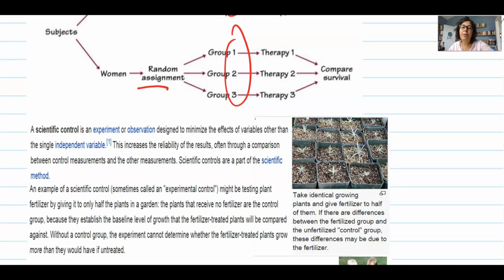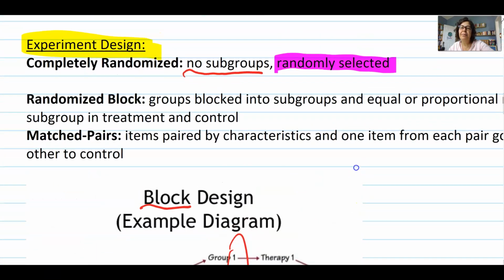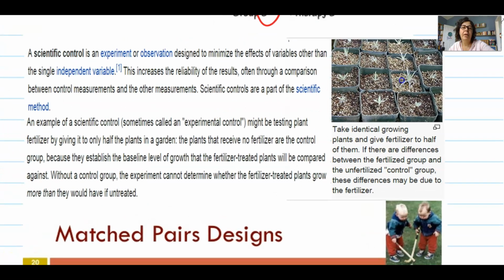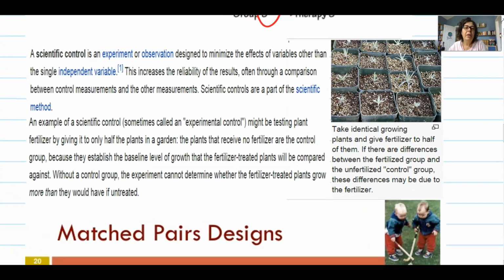However, if you go with just completely randomized, here we are going to create a specific control group, and we want to know the results of it. So it's like an experimental control group.